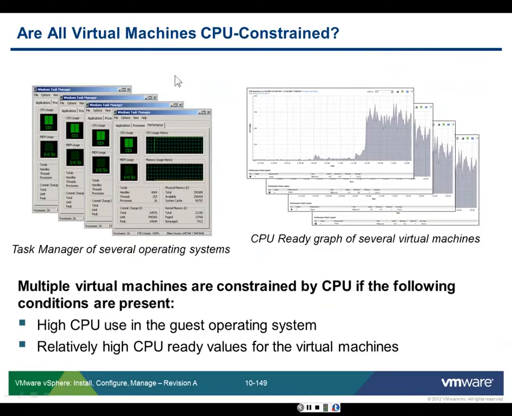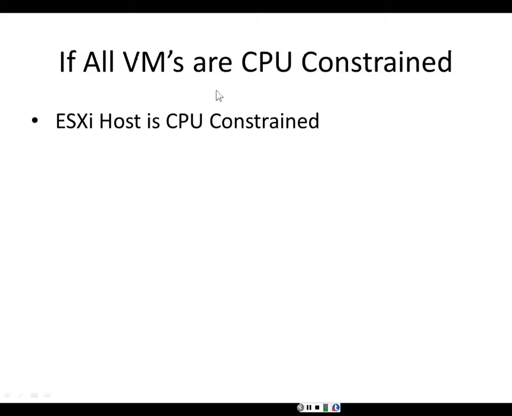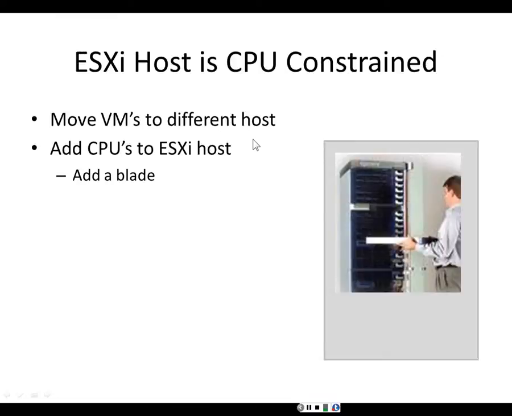But what if all virtual machines are CPU constrained? If all virtual machines are maxed out, well, that implies that the ESXi host is maxed out as well. And if the ESXi host is CPU constrained, then we can either move the virtual machines to a different host, or upgrade the host.